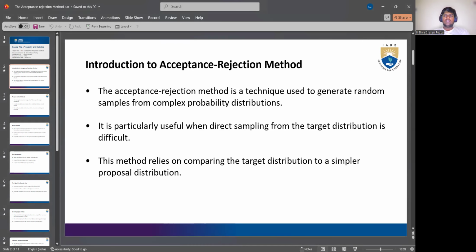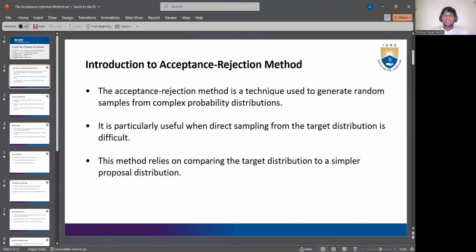So how this method works is, the acceptance rejection method is used to generate random samples from complex probability distributions, where a large number of samples are taken to get the exact probability. This technique is used to create many random samples to get the proper complex probability distribution, like how it is properly distributed.